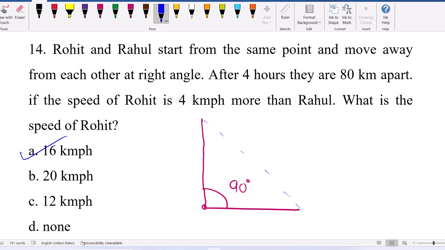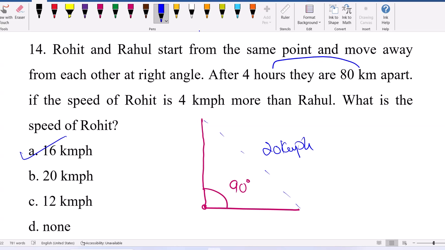Okay, here if this is a right angle triangle, obviously the Pythagoras theorem will be satisfied. Here 80 kilometers in 4 hours means 20 kilometers per hour. Now these two, one is 4 more than the other one. Okay, you know 3, 4, 5 satisfies the Pythagoras theorem.